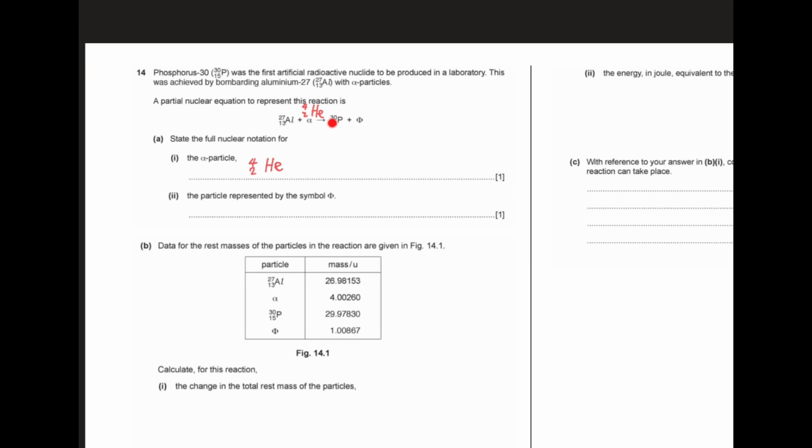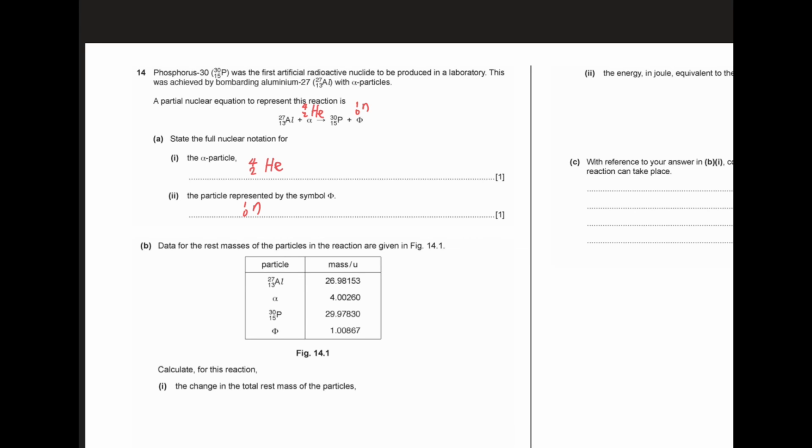But on the right hand side, we have 30, so you should expect this to be 1. And after that, we look at the proton number. This is 13 plus 2, which is 15. And this is 15 on the right already. So we should expect this to be 0. Okay, so if it is 1, 0, then you should think of this as a neutron. So the phi over there is a neutron.